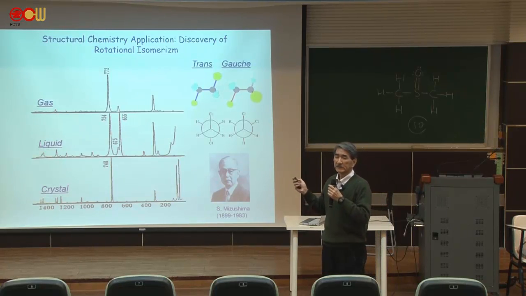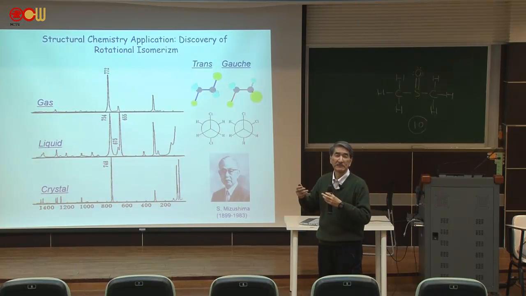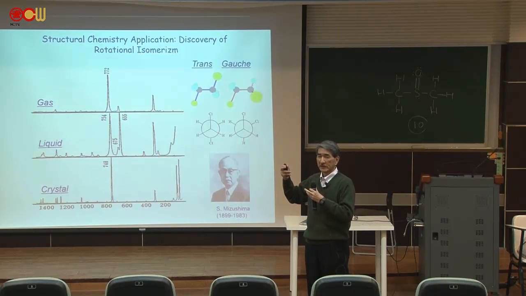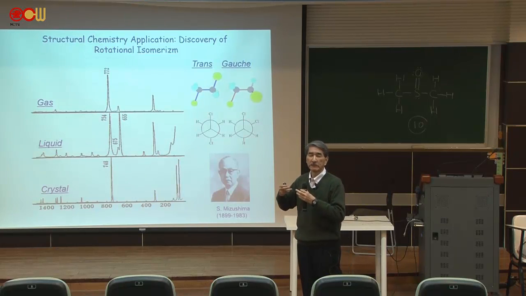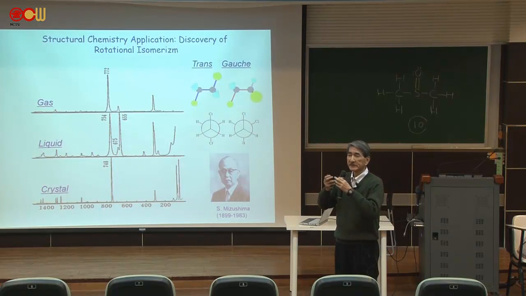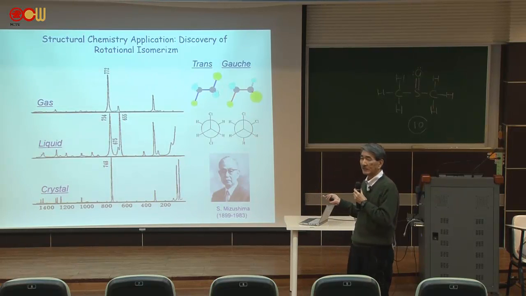Because without this kind of internal rotation or rotational isomerism, you never have the higher order structure of proteins or nucleic acids. Maybe you know the structure of proteins, which have the highest order structure. That comes primarily from the rotational isomerism around the CN bond, the amide bond. And the amide bond has a preference in the internal rotation angle.